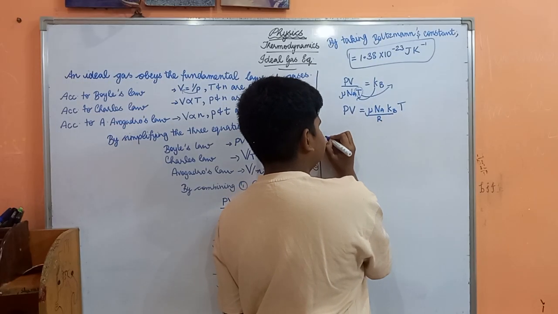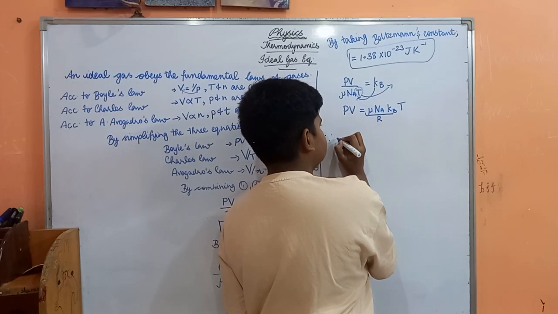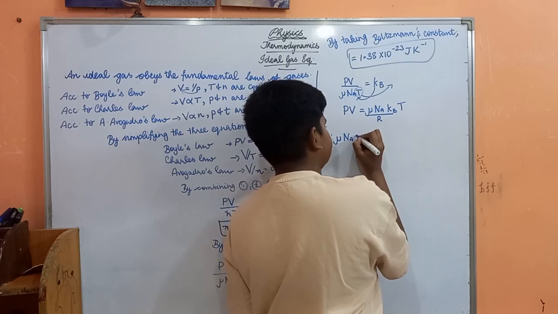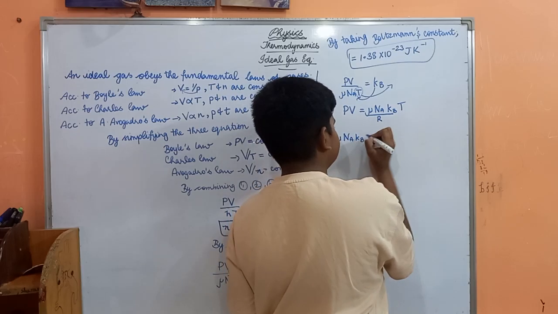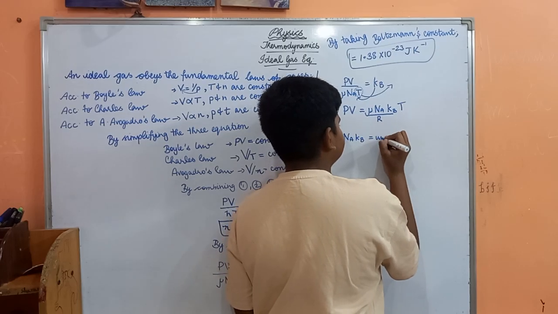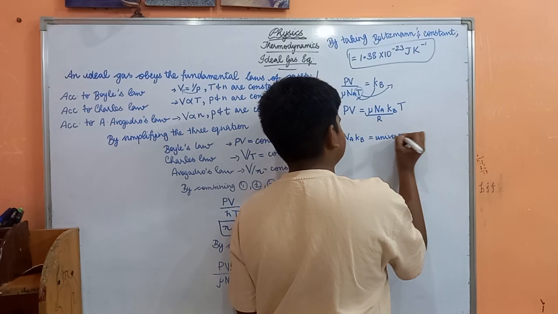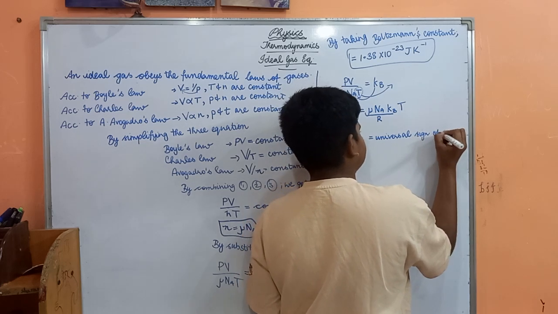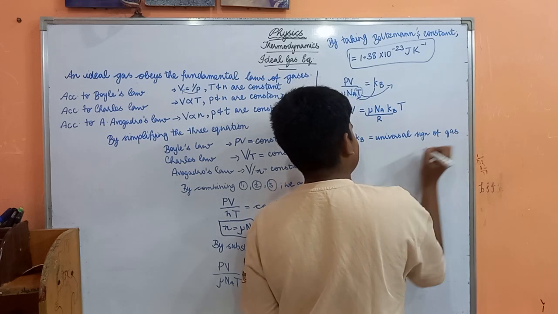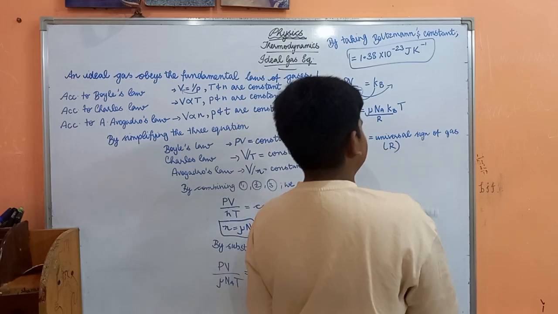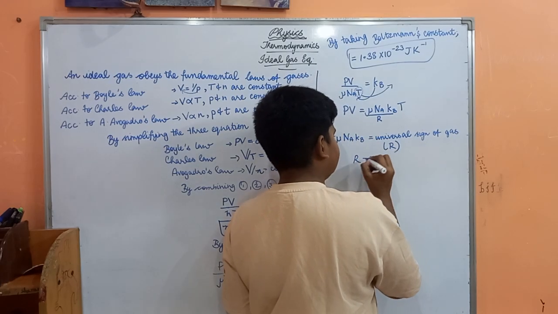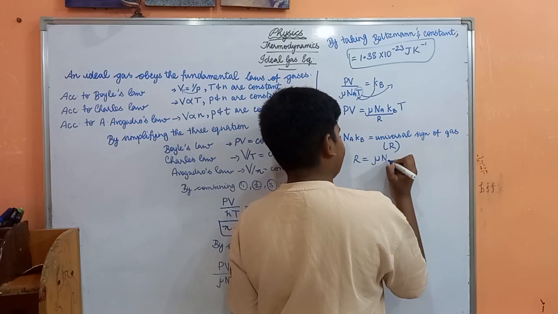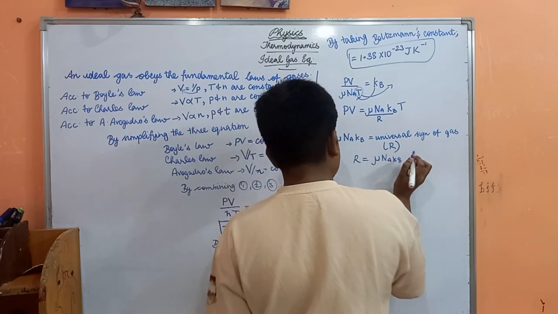So since mu of Na Kb is equal to the universal gas constant, this is set as R. We can say that R is equal to mu of Na Kb.